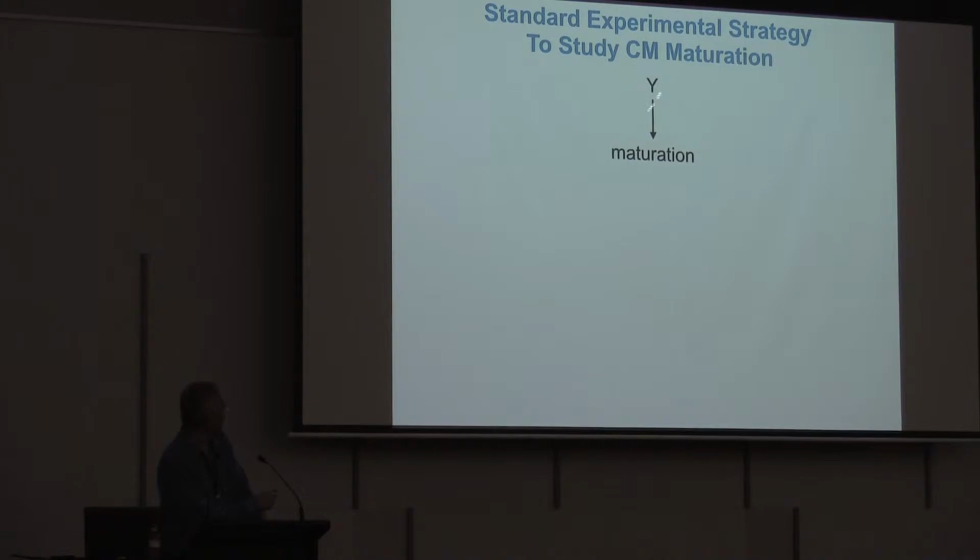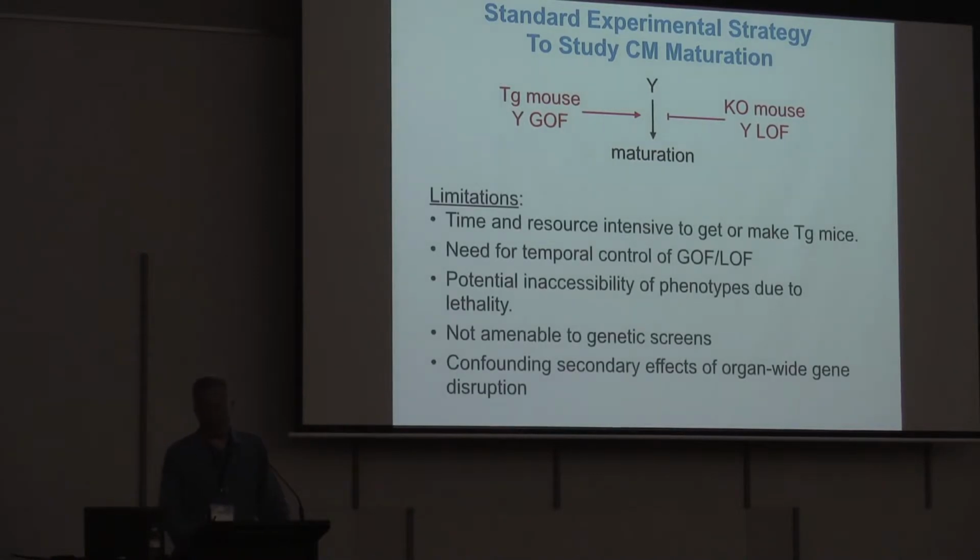Anytime you want to study how some gene Y regulates a process, we typically use gain-of-function and loss-of-function approaches, often with different mouse strains that have either transgenic expression or knockout of the gene. But we all know that this is very time-consuming. You need to get and breed a lot of mice.